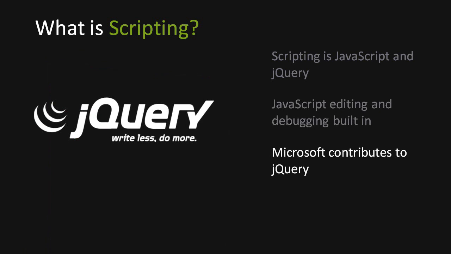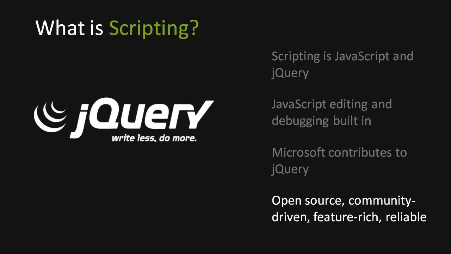Microsoft is a contributor to the jQuery project, with developers assigned to provide assistance and features to the project. jQuery is a vibrant ecosystem with script-based plugins for many common processing and user interface tasks. jQuery is open source and owned by the community. Most of all, jQuery is feature-rich and reliable, enhanced by the worldwide community of users, as well as Microsoft and other interested developers. Scripting with JavaScript and jQuery seamlessly fits into your ASP.NET applications, providing enhanced capabilities on the client.